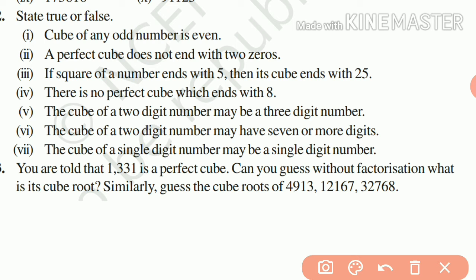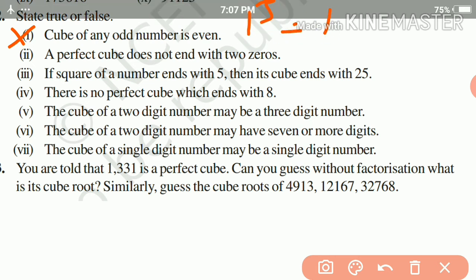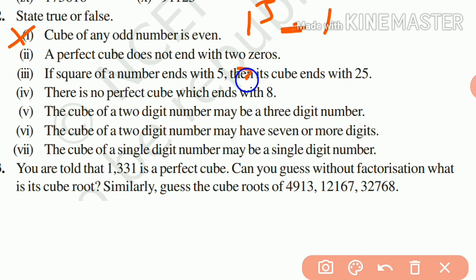This is false, because cube of an odd number is always an odd number. For 1 cube equal to 1, and 3 cube, 3 3s are 9, 3 9s are 27, this is an odd number. So we can say that the cube of an odd number is always an odd number, and cube of an even number is always an even number.